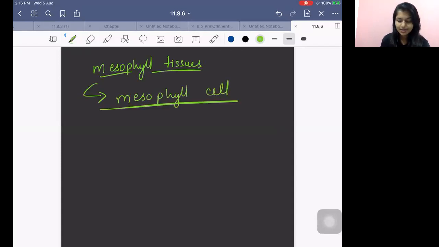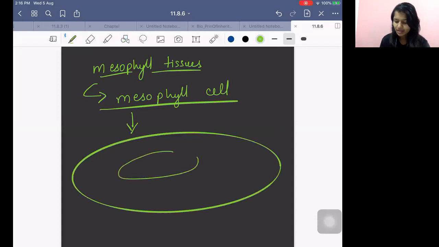Getting the connection here? Now in the mesophyll cell, inside we will get the cell organelle chloroplast. Got it? Yes? So imagine this as your leaf.